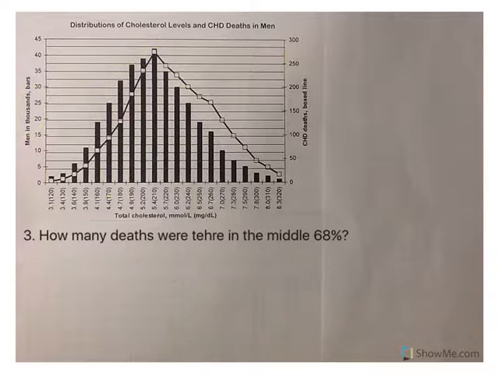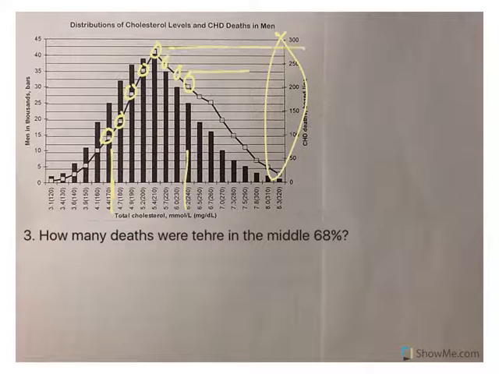Okay. Now let's go to number three, where it says how many deaths were there in the middle 68. Well, again, middle 68 is from here to here, and we are looking now at deaths, so we're looking at the boxes for each one of these lines. To show you those, now we have to look at these numbers because the deaths are on this side, which I screwed up too.